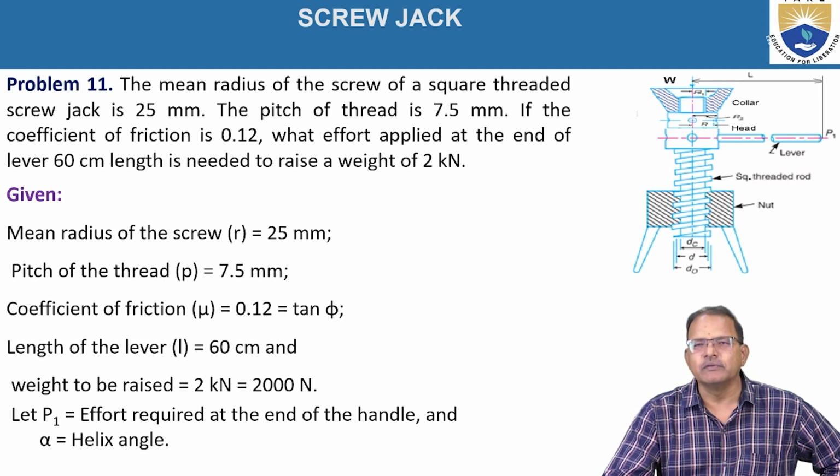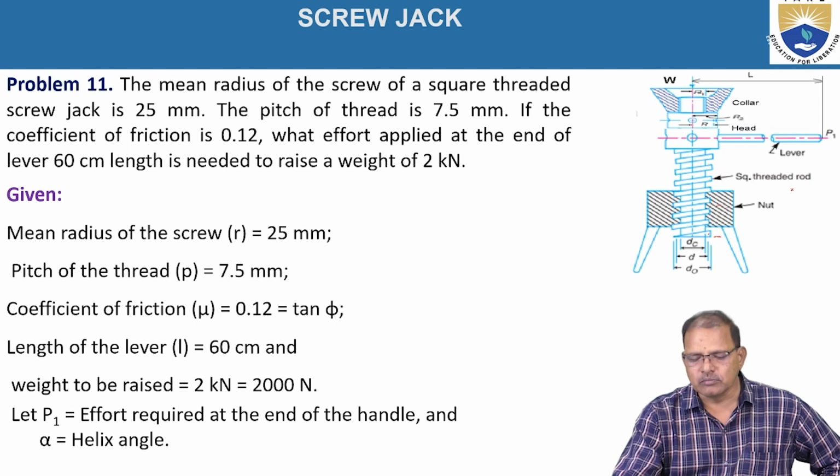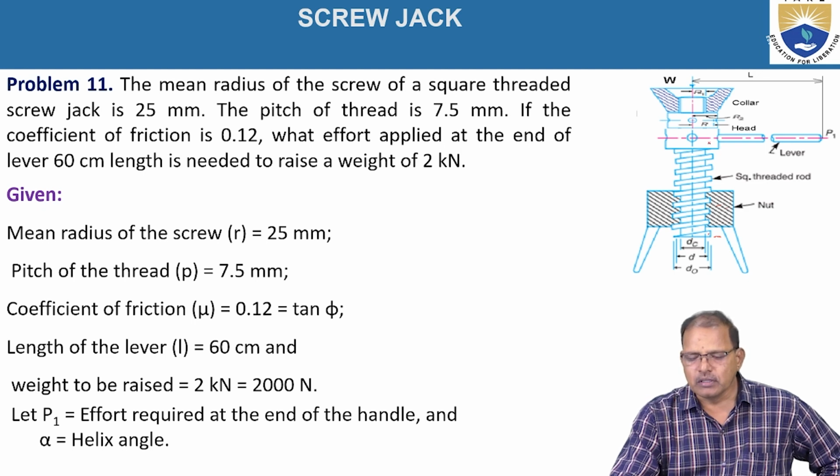Here it consists of a square threaded screw, which can be moved inside the nut. The nut is, in most cases, treated as an integral part of the body of the screw jack. The top of the screw threaded rod has a head.